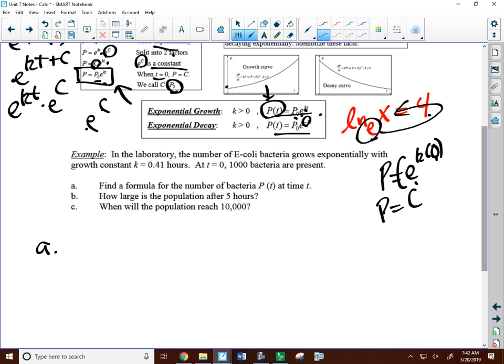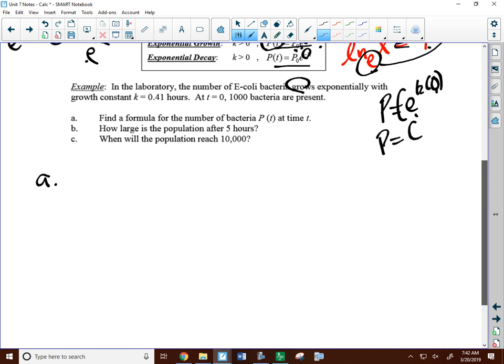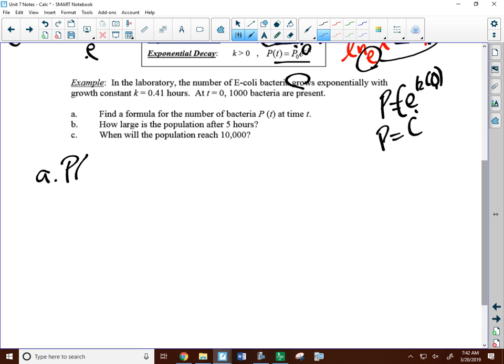And t is time. So we're going to use this formula, and it is exponential growth, right? It says it grows here, so I'm using this first formula. Let me just write it down. By the way, P of t or A of t is usually used, A for amount. So if you see me write P or A, or it could be something else, but generally it's P or A. So P sub 0, e to the k t.